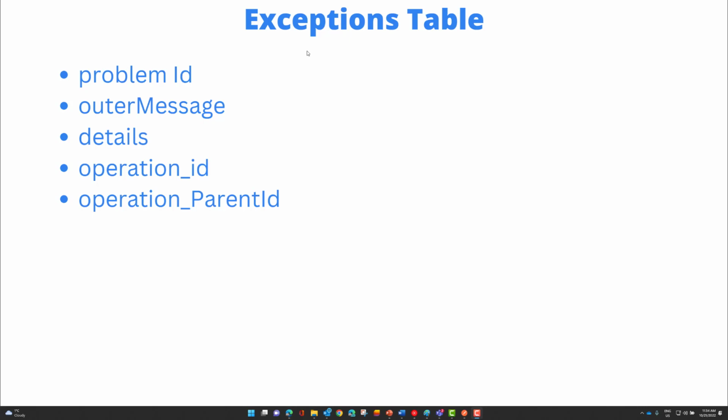And naturally, we've talked about these before already, but the operation ID and the parent ID once again allow us to do some linkage. If we see that a specific action has failed and we want to link it back up to, say, the workflow that had called it, then we can easily do so. So let's take a look at the exceptions table.